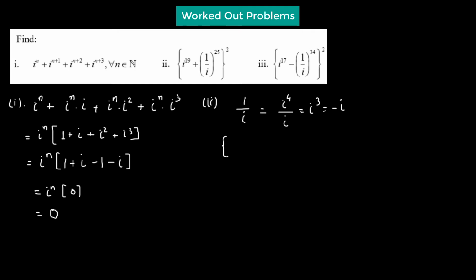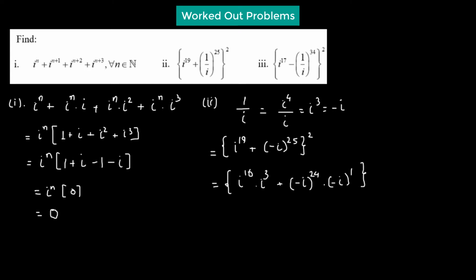So our expression now becomes (i^19 plus (-i)^25) whole squared. Now we further simplify it. i^19 can be written as i^16, because 16 is a multiple of 4, times i^3, plus (-i)^24, being a multiple of 4, times (-i)^1, whole squared.